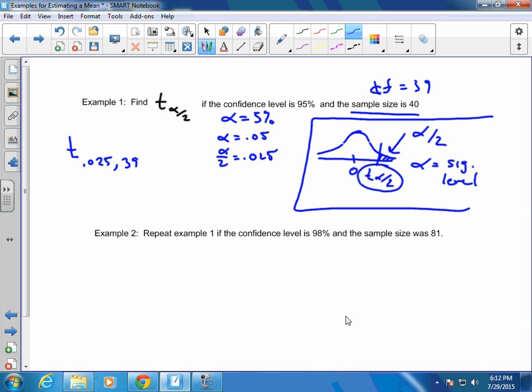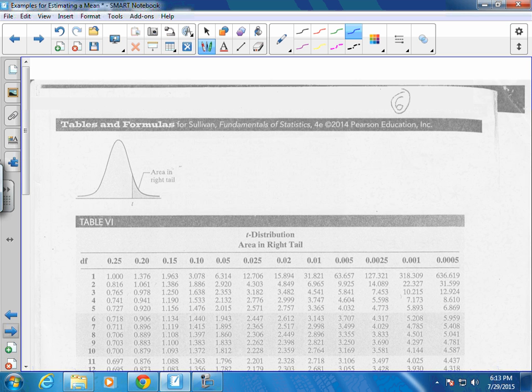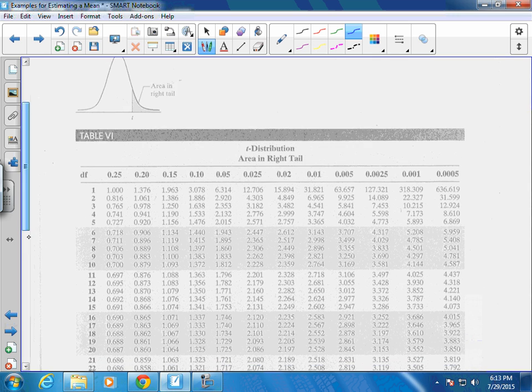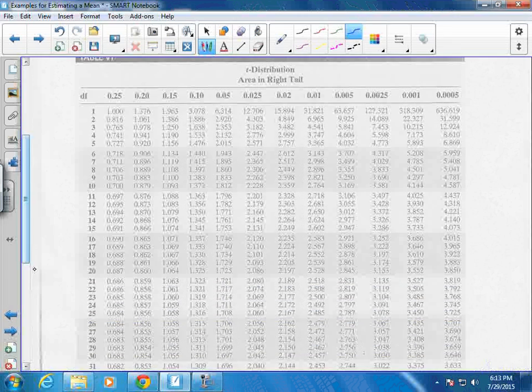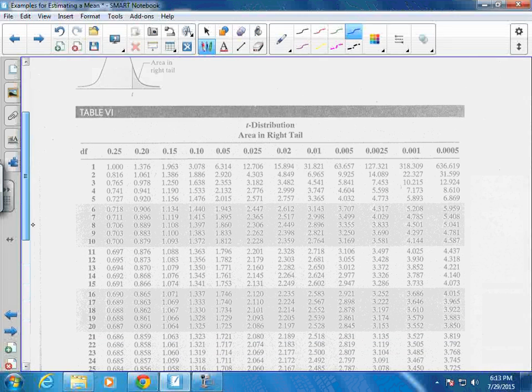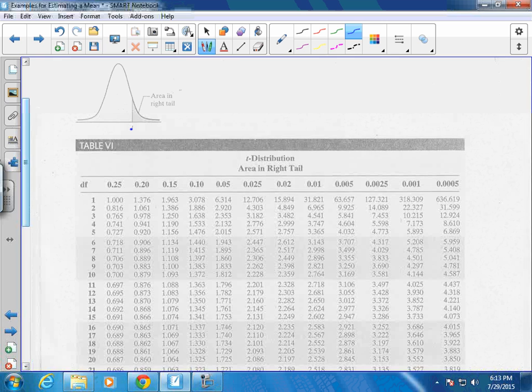So some people use a notation similar to this. You'll see me do that just to tell you guys, hey, this is the t-value with a right tail area of 0.025 and 39 degrees of freedom. So let's find this. Here's table 6. And again, it's the area in the right tail, and the table's given us the t-value.